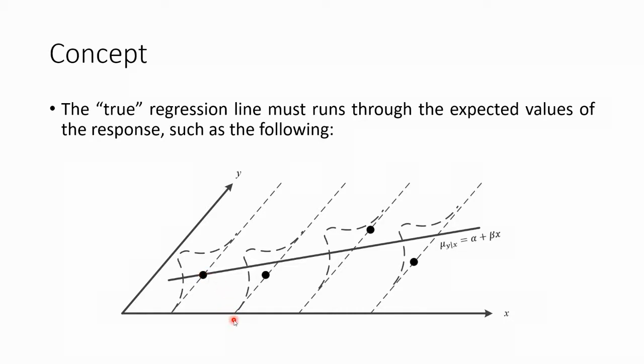At x2, the true response is this black dot, but the regression line predicted that the response is over here. At x3, the true response is a black dot here, but the regression line predicted that the value is over here. When given x4, the true y value is this, but the regression line gives us this.